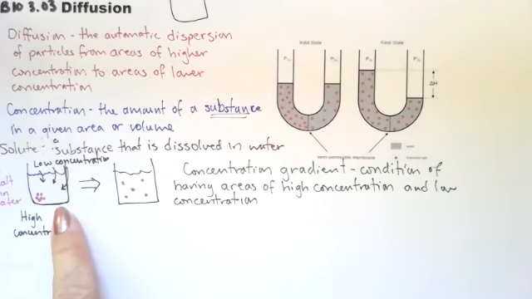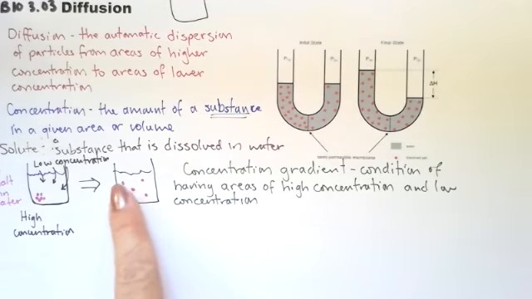So do I have a concentration gradient here? Yes, I've got high concentration, I've got low concentration. Do I have a concentration gradient here? Nope, everything's equal. All of the little atoms of salt are equally spaced apart. So I don't have anywhere where I have more salt over less salt.